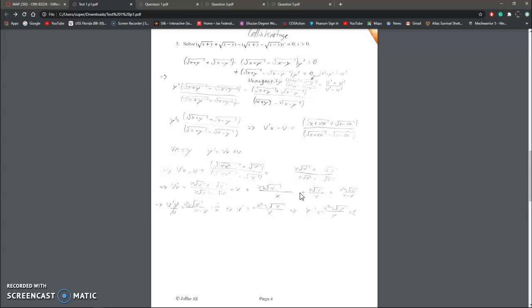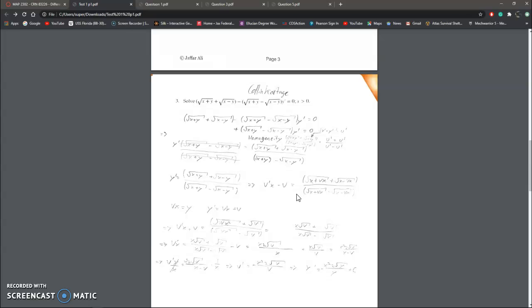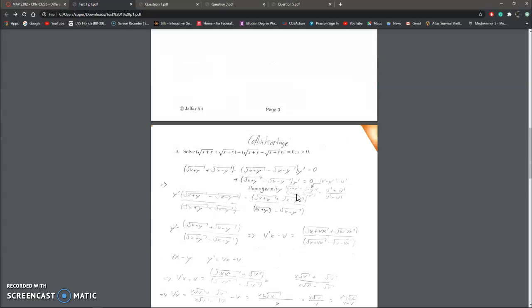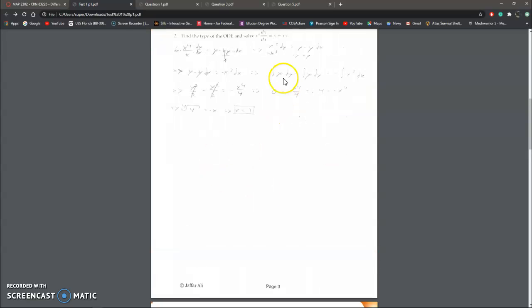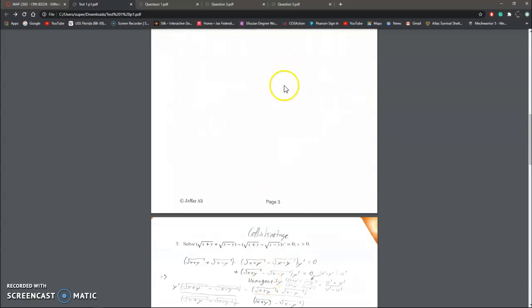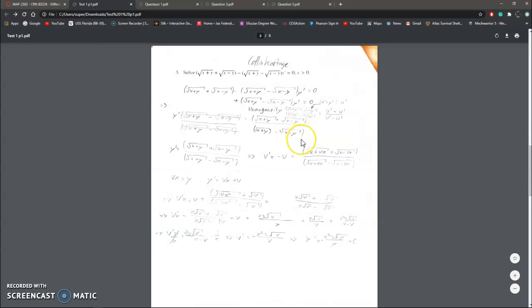I tried doing the substitution, but I think I got confused. And I think where I'm getting confused, and why I'm saying I think this is the separation of values, is because this is separation of values. I believe this is separation of values at least. And that's why I'm getting that confused. My bad. But this is the substitution method.